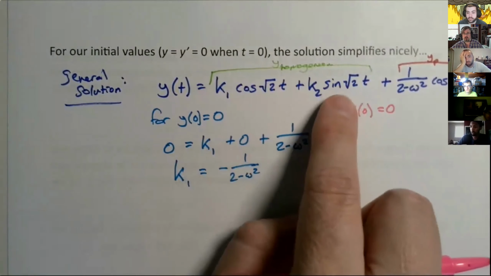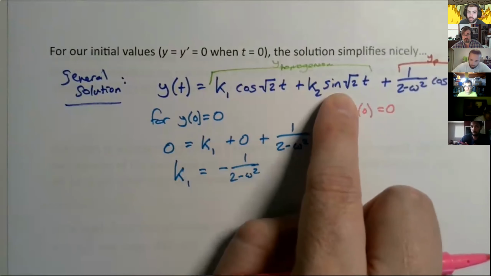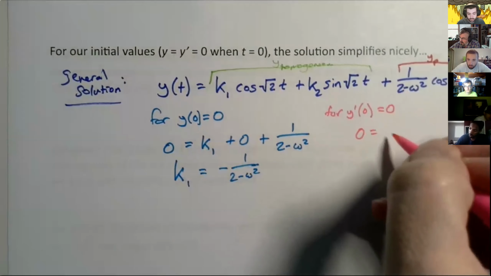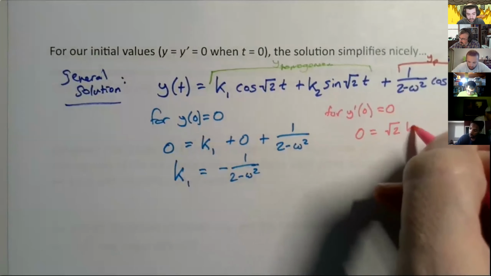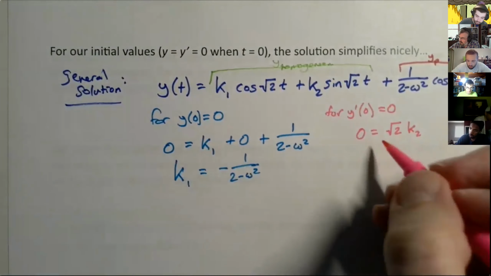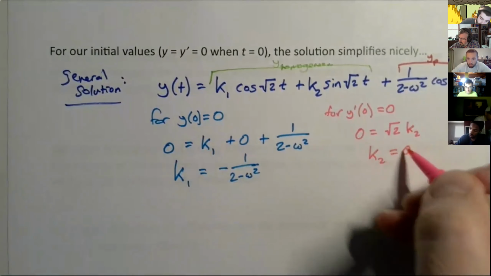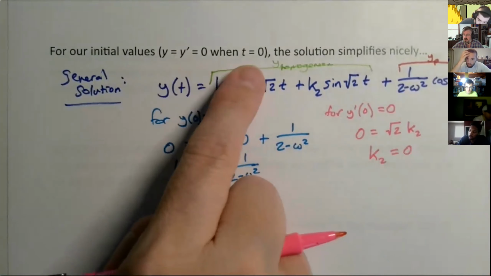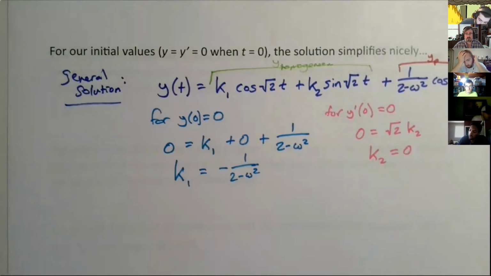This is the only term that sticks around when we take the derivative and plug in t equals 0. And you'll wind up with something like 0 equals root 2 k2. And that means k2 equals 0. So for these particular initial conditions, we know k1 and k2, which means we can write our particular solution.